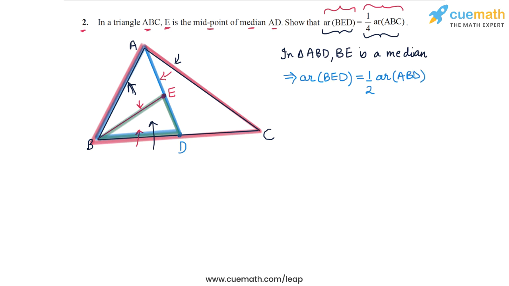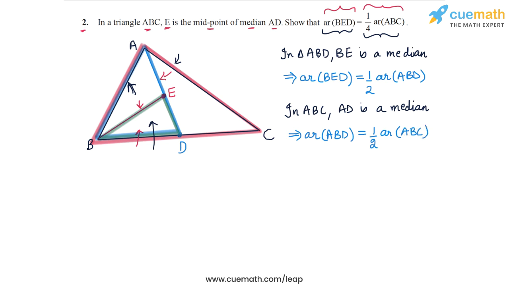Alright, and now for the next step, in triangle ABC, the whole triangle, AD is a median. So AD is a median and it divides ABC into two triangular parts of equal area. And this means that area of ABD will be half of the area of ABC.